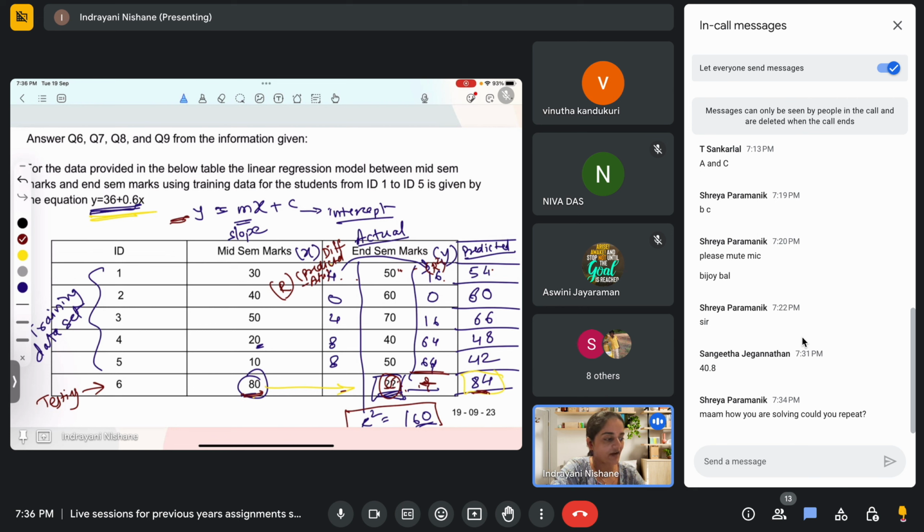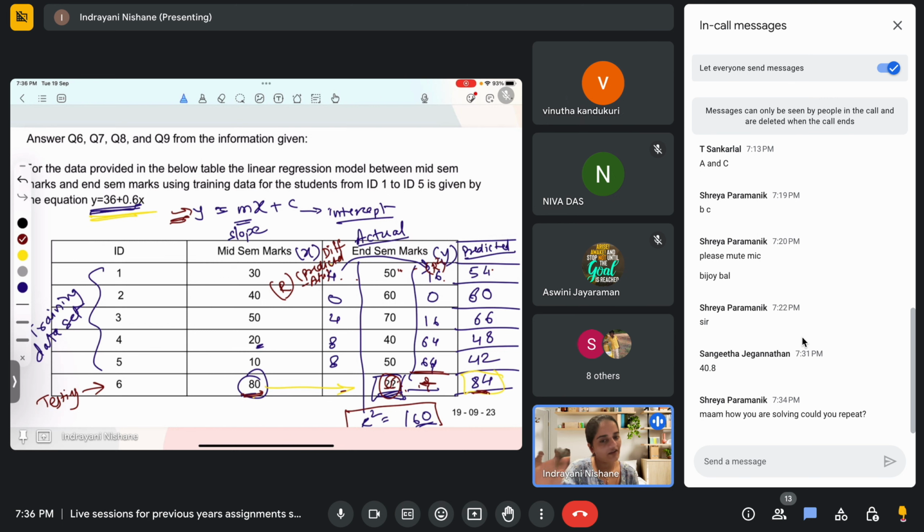So I have added these values to get the r square value for this particular model. Very simple. The same thing we did in correlation, not clustering. You remember in correlation also, the difference between the actual data point and the model, the line, was this model.